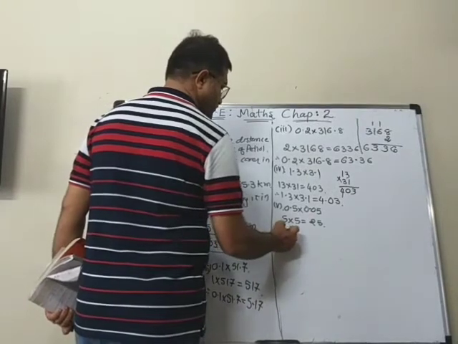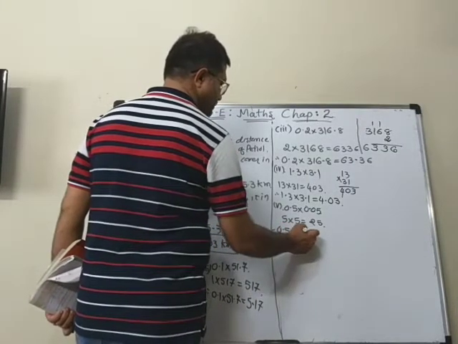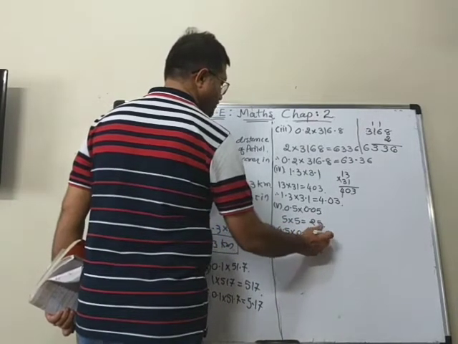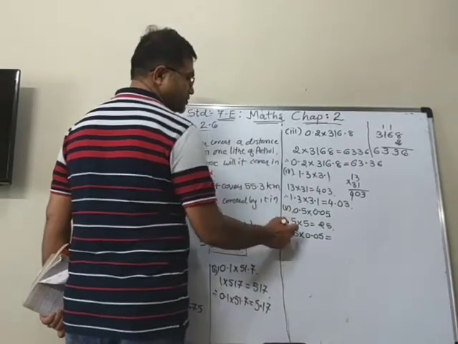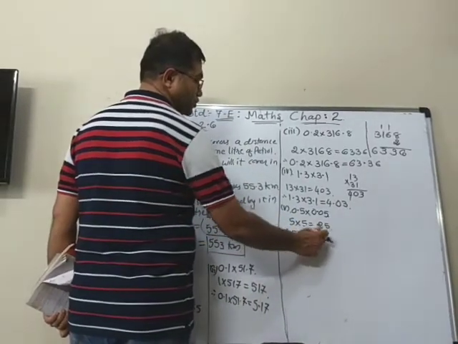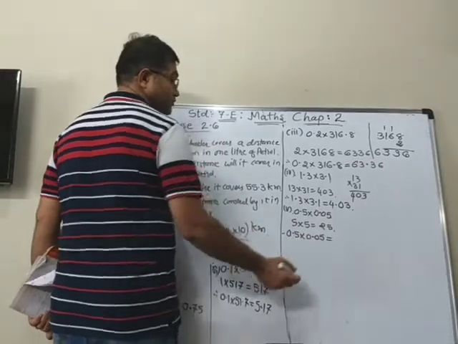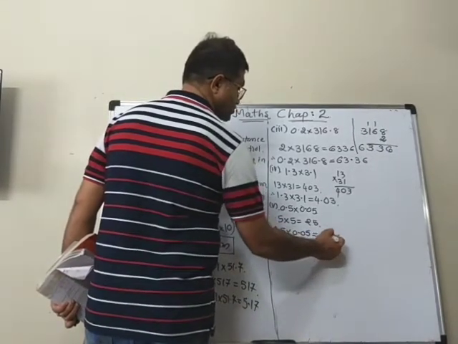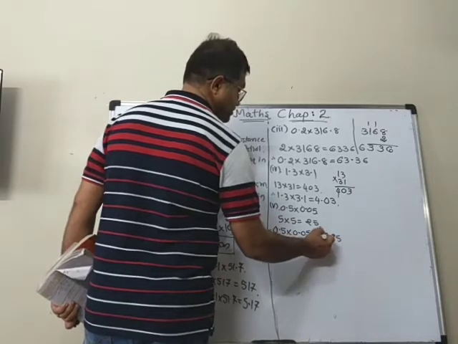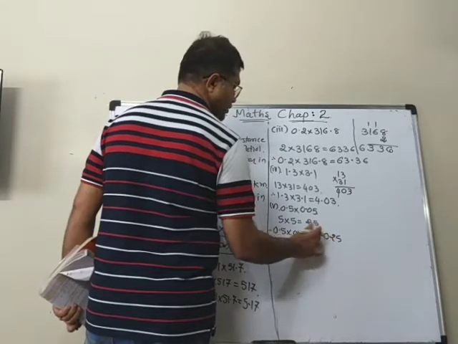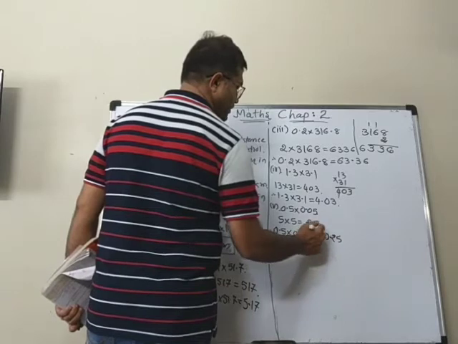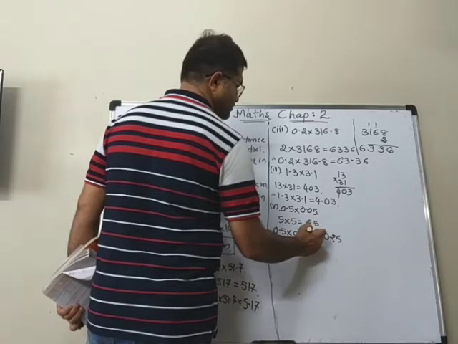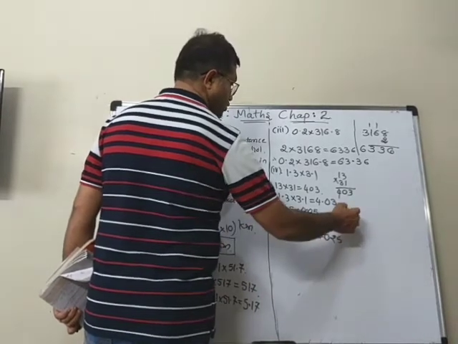Therefore, 0.5 multiplied by 0.05. Now you can see that here there is only one decimal place, but here 2. So 1 plus 2 is 3. So after 3 digits, 25 is there. So 1 digit, 2 digits, and the third digit. So the answer is 0.025.